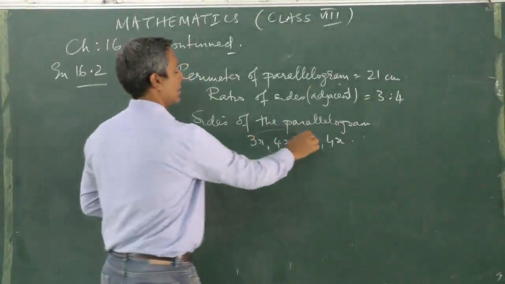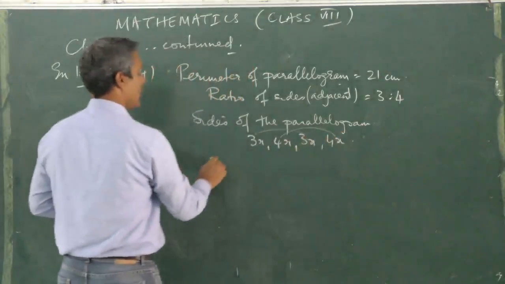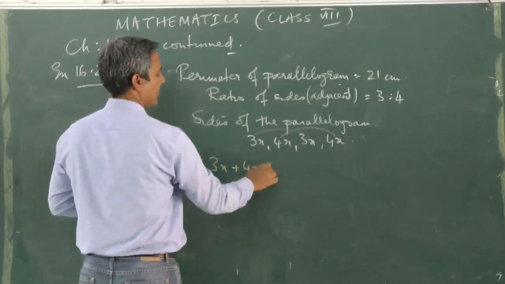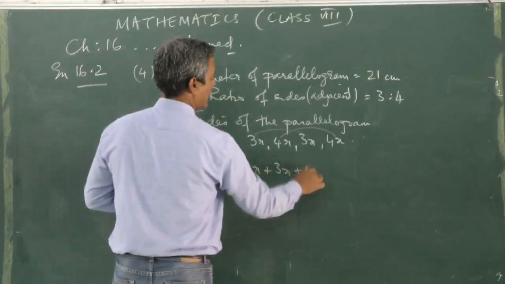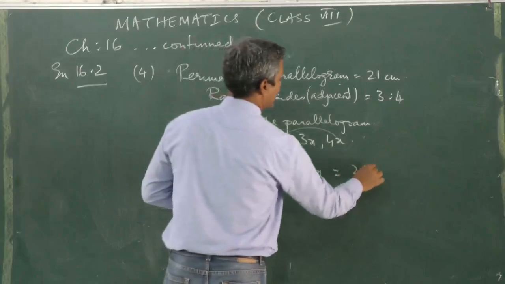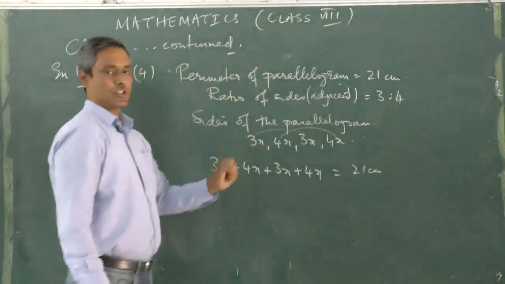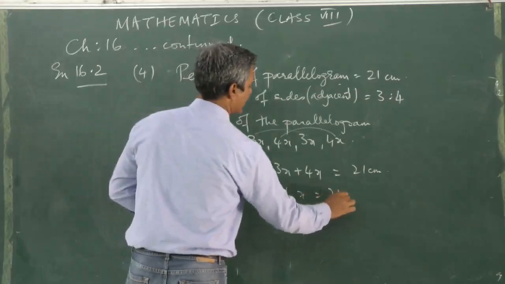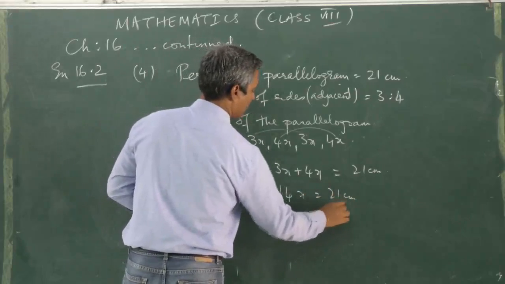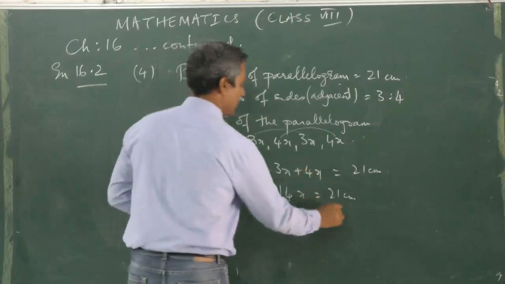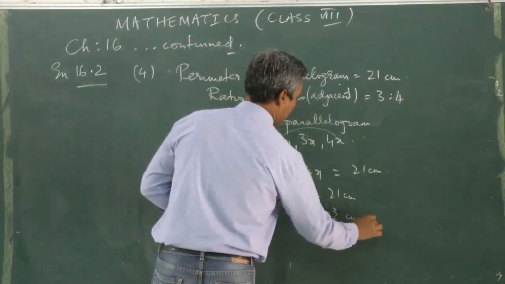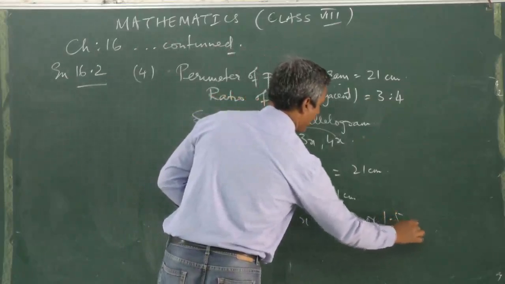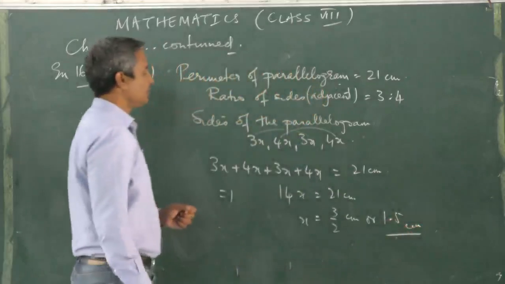Opposite sides are equal. So when we add, we get 21 centimeters. 14x is equal to 21 centimeters, x is equal to 21 by 14, 3 by 2 centimeters, or 1.5 centimeters.